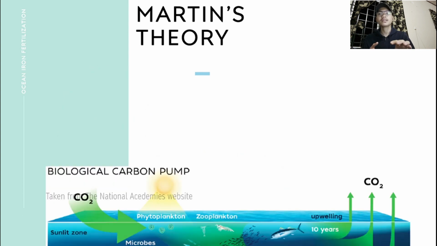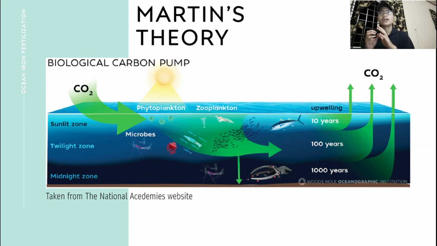Basically, OIF can help the biological carbon pump by increasing more phytoplankton that is carbon munching on CO2. Without us realizing, they will lower the carbon dioxide level in the atmosphere.